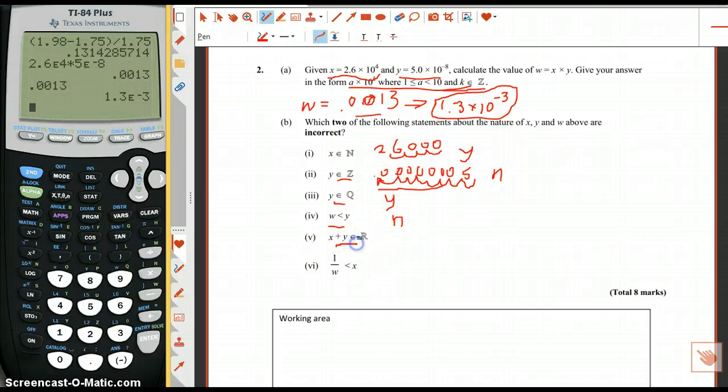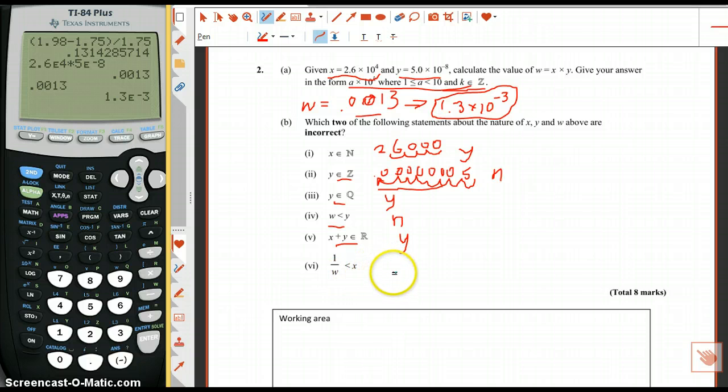X plus y is an element of the real numbers. Well, remember, real numbers include all numbers except for the square root of -1. So pretty much take any of these real numbers, add them together, divide them, multiply, do anything of the 4 basic operations, and you're not going to be able to get a non-real number. So yeah, sure, it's a real number. Of course it is. 1 over w is less than x.